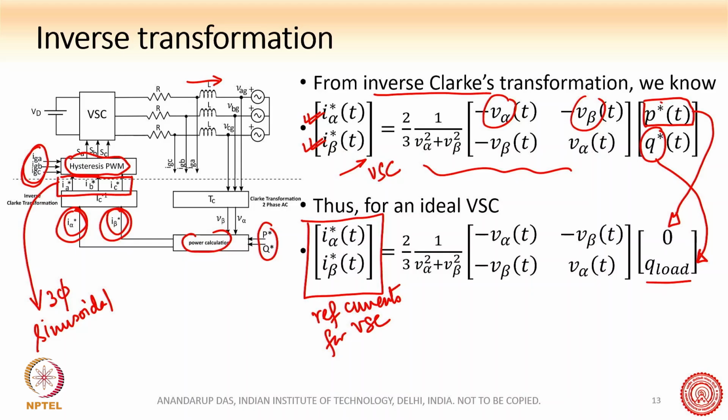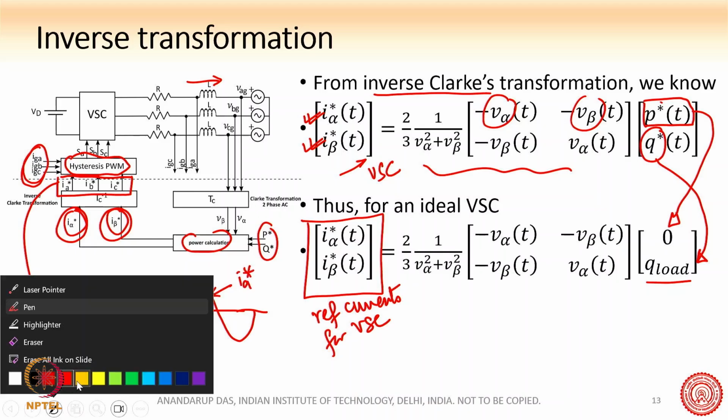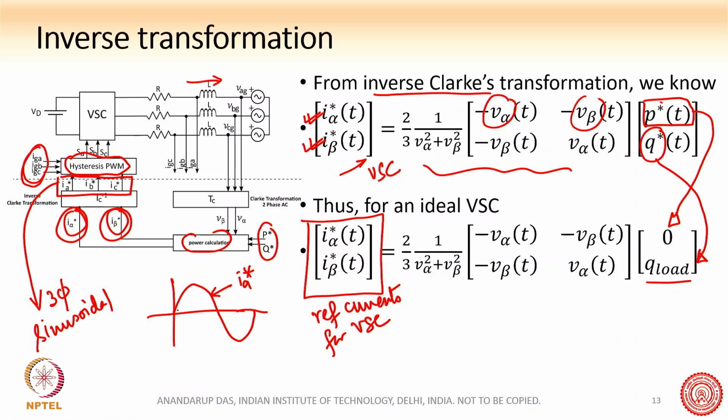You know the actual current flowing through the VSC. This IA star will be something like this, this is the reference, and the actual IA when you use hysteresis will be something like this. So this is your actual IA.